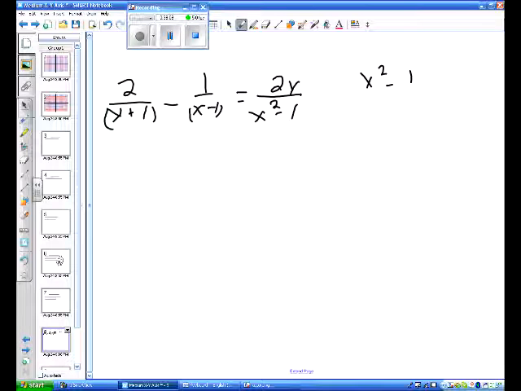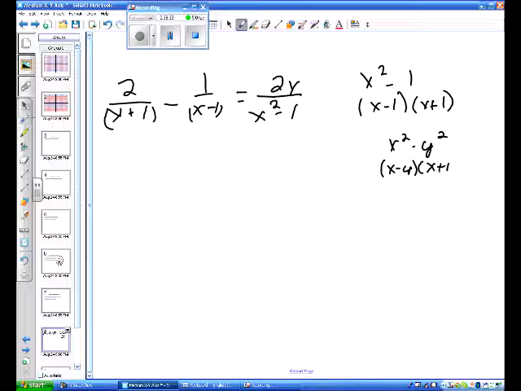So x squared minus 1, that's the difference of squares. And if you remember, that factors to be x minus 1 times x plus 1. It's in the form of x squared minus y squared, which factors to be x minus y, x plus y. And we'll talk a little bit more about factoring later.